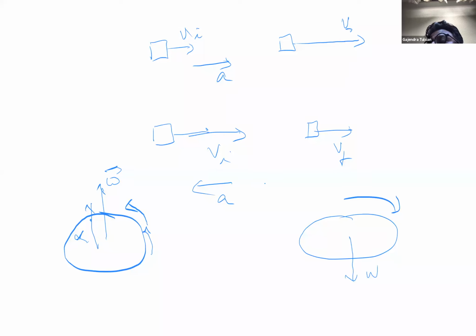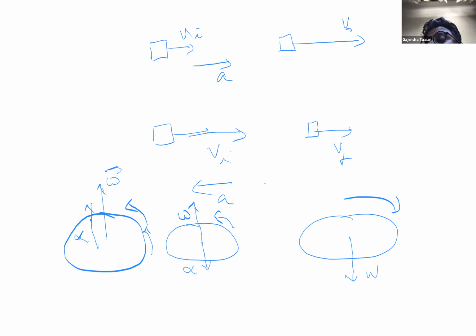Angular acceleration points in the same direction. And if the rate of rotation is slowing down, then omega points in that direction and alpha points in the opposite direction. You have to try and understand that, and that's what is shown in the slides.